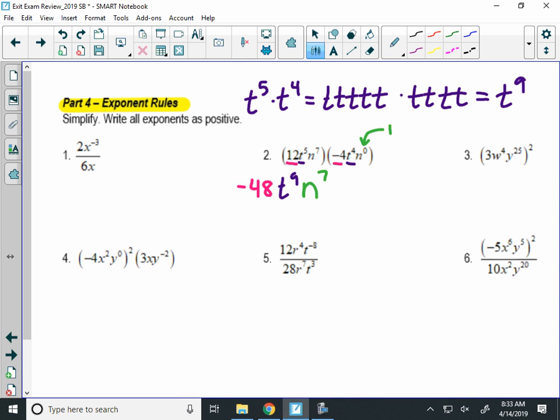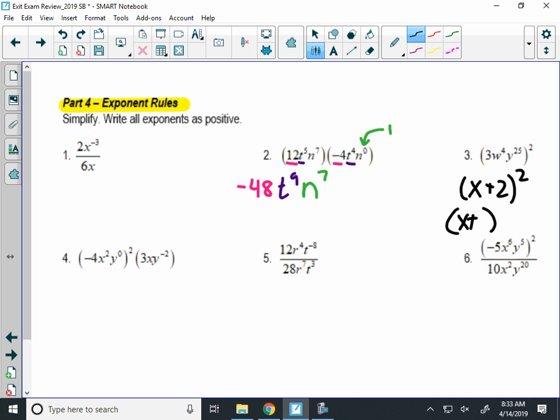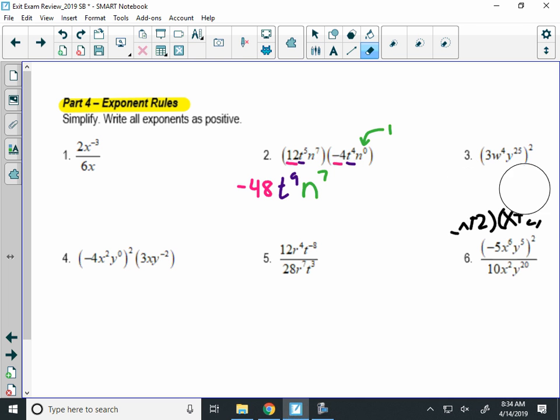Let's also go to number 3. There are two ways to do this, and I'll show you both. The first one would be to think about what we did when we had terms like the quantity x plus 2 squared, and how we would rewrite those out as a quantity by itself. Technically that's what you're doing here.